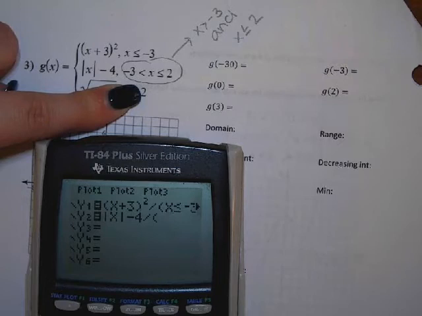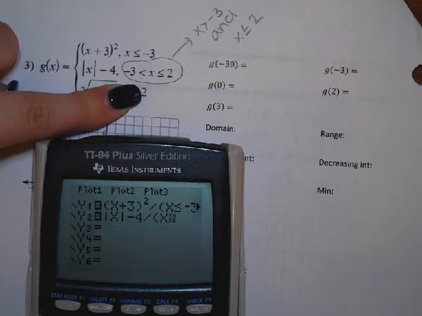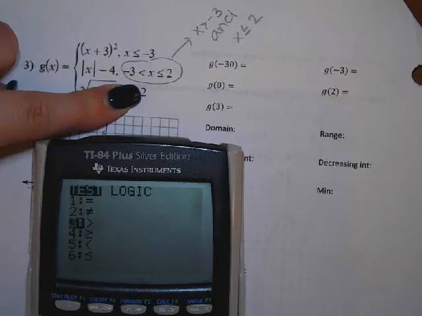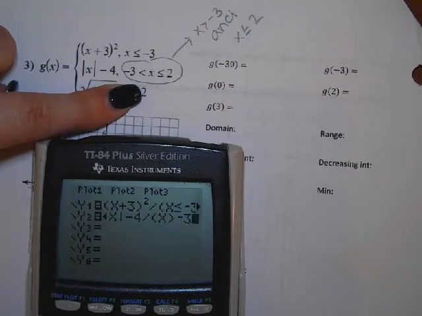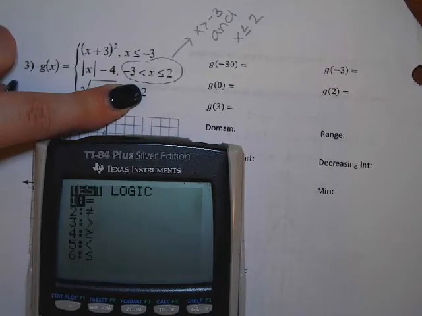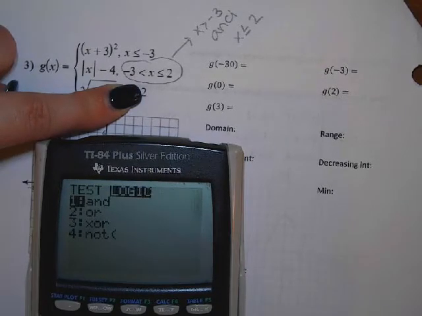So now I'm going to say x, second math, is greater than negative 3. Anyone remember from the video how I get the word and? Go over to logic. That's how you get the words. So second math, and.